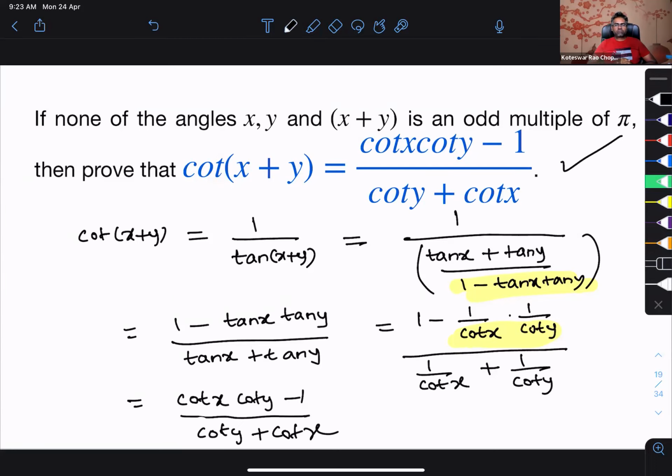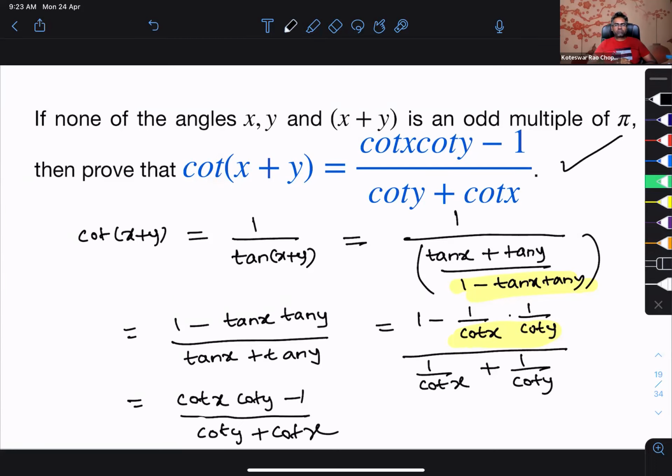Okay, so cot of x minus y. I think we can pretty much do the same thing here. Maybe we can do one thing. If you want, we can use the previous result, but let's use the reciprocal idea.